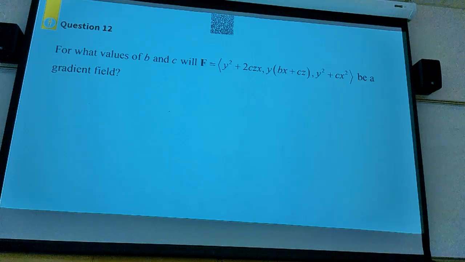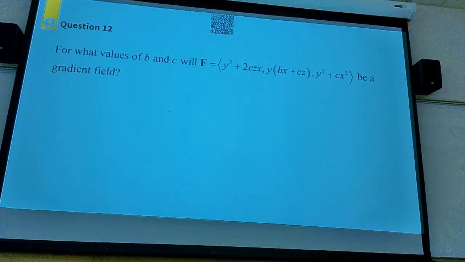Gradient field is another way of saying conservative field. Right? Because what is a conservative vector field? A vector field that is the gradient of some function called the potential. So they're asking to determine the values of b and c, which would make f a gradient field.